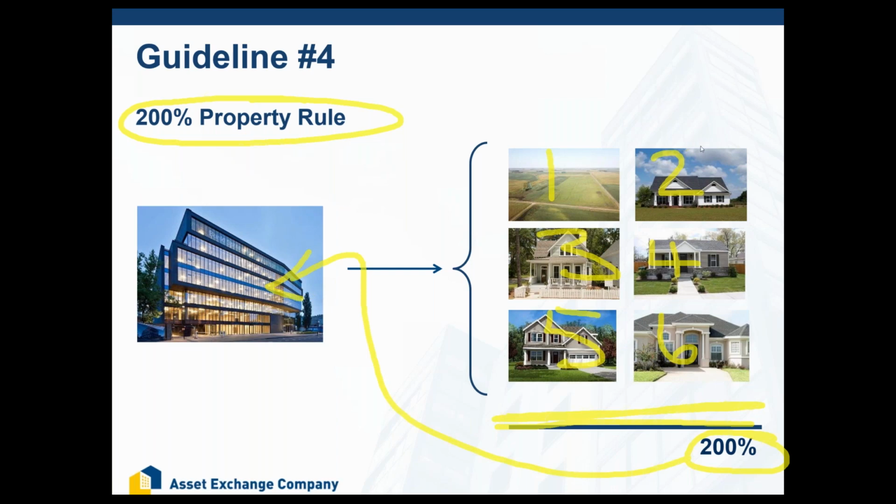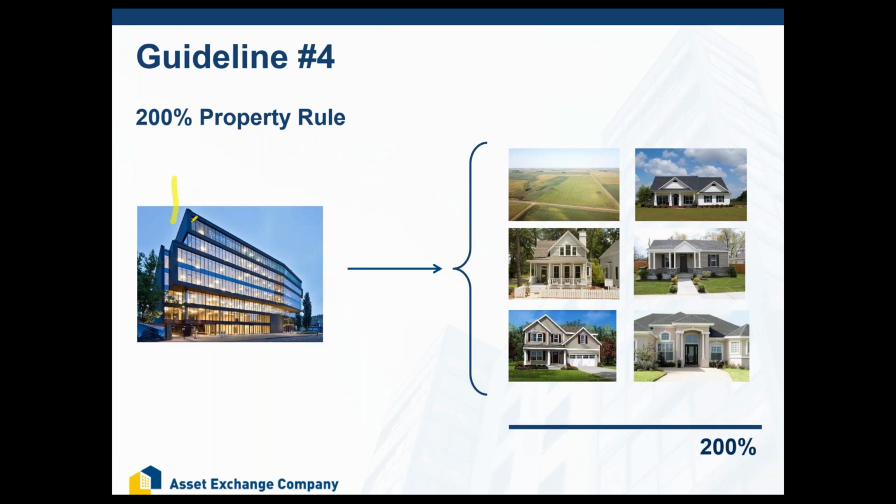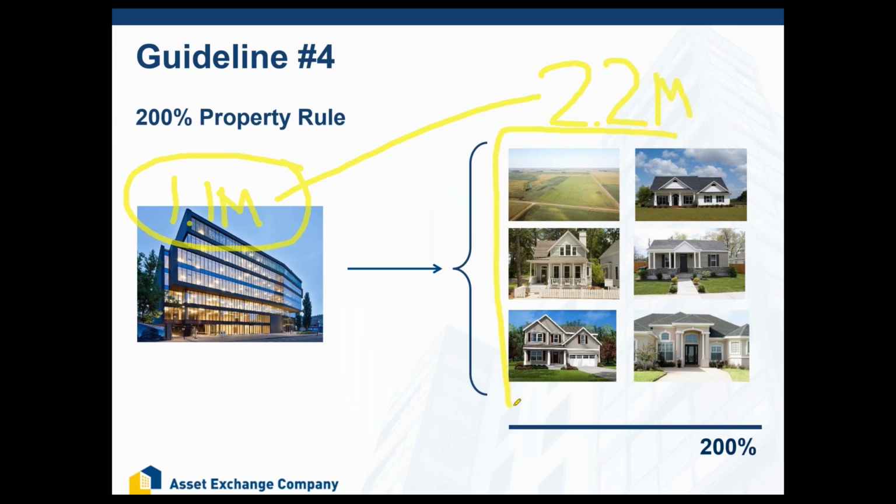So let's go back to my example here. I sold a property. I was in contract for $1.1 million. And this time we're going to use the gross sale price. We're going to double it because we got 200%, right? And we're going to have a value of $2.2 million for all of this property here that we can identify.